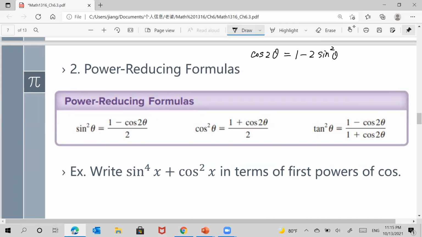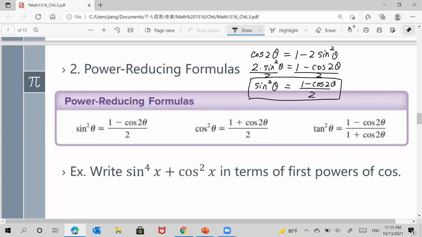That means 2 times sine theta squared equals 1 minus cosine 2 theta. Then divide both sides by 2. I got sine theta squared equals 1 minus cosine 2 theta over 2. So we used the double angle formula to find the power reducing formula.